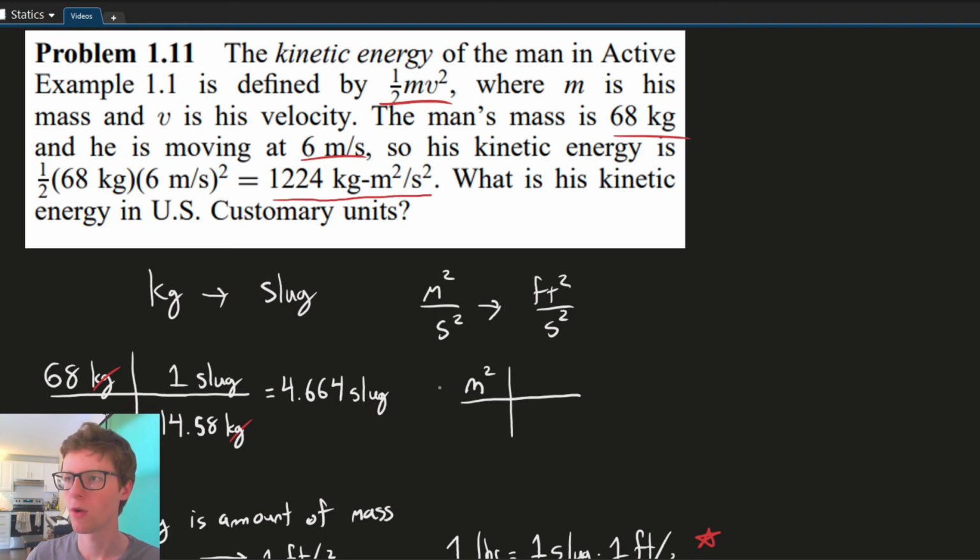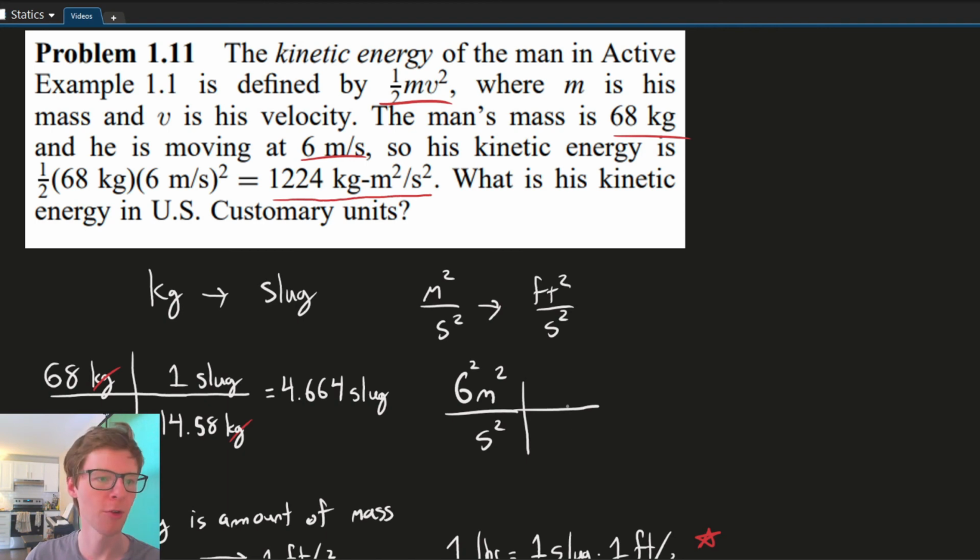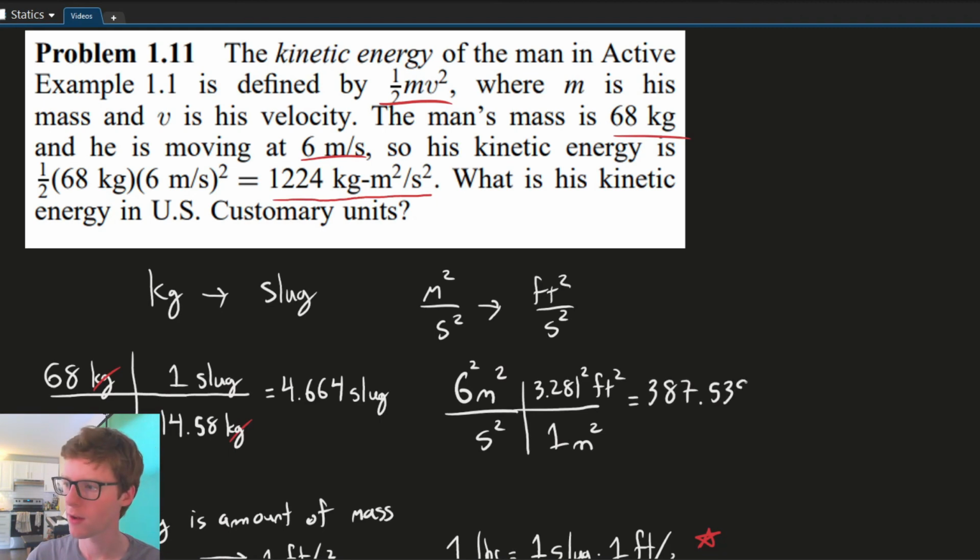We have 6 meters squared per second squared, and we're converting that into feet squared. Now, seconds doesn't change, so we can just do the direct conversion. 1 meter squared and 3.281 squared feet squared is going to give us a value of 387.539 feet squared per second squared.